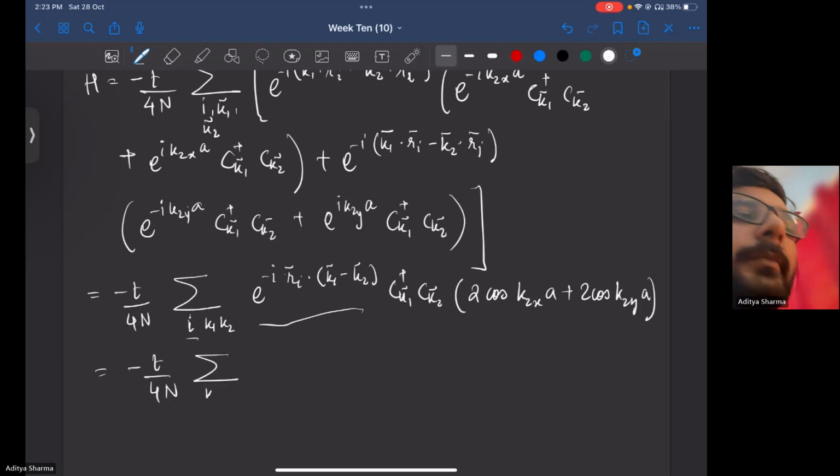So I have sum over k1, k2, delta k1, k2, c_k1 dagger c_k2.